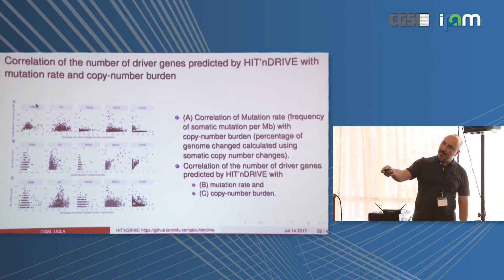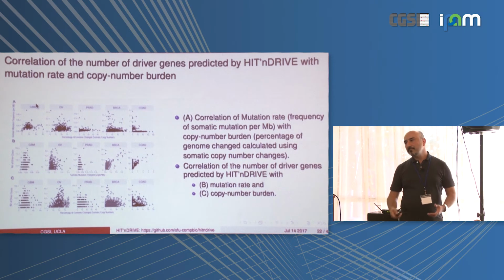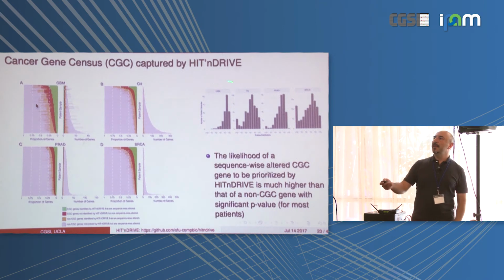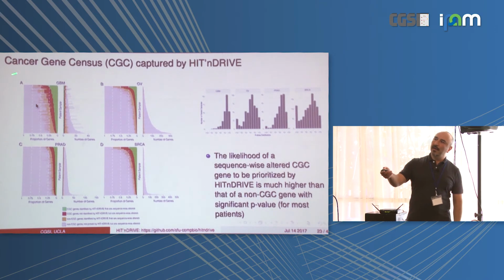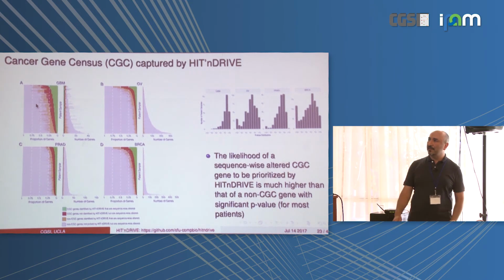We show the number of drivers versus the copy number burden and somatic mutation burden in these plots. We'll get back to those later. And here are the proportion of cancer gene census genes that were captured by HIT'nDRIVE on the 4 types of cancers. This doesn't include colorectal.